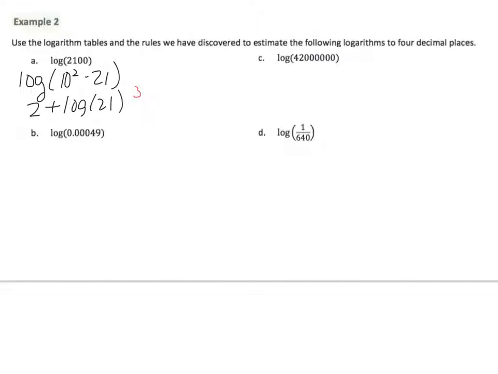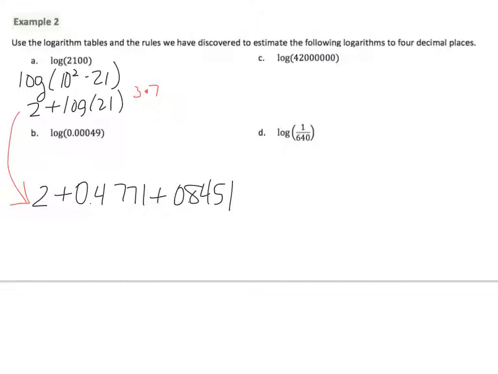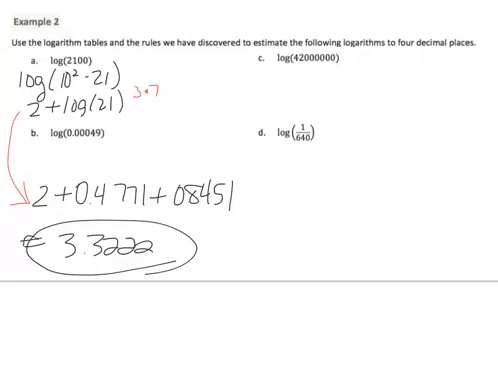That's more like 3 times 7. So I'm going to look up 3 and I'm going to look up 7. Log 3 is 0.4771, and log 7 is 0.8451. So that means that log of 2100 is approximately 3.3222. Estimation, right? That should be squiggly.